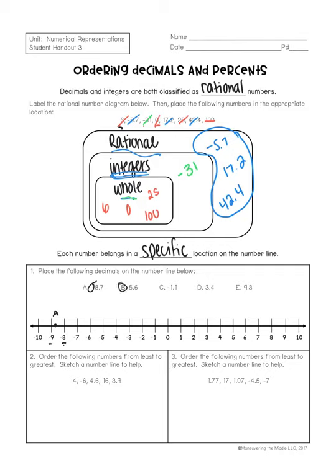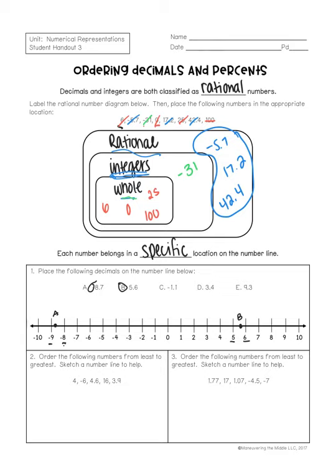5.6, B. So that's positive, so I'm going to go between 5 and 6. And 5.6, it's pretty close to the middle, but just slightly closer to 6. So that's where I'm going to try and place it as best I can. C, negative 1.1, so I'm looking at negative 1. And remember, you're going to be between the number in the decimal and the next biggest number.